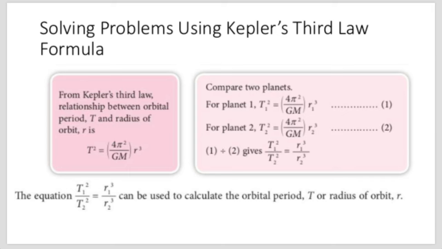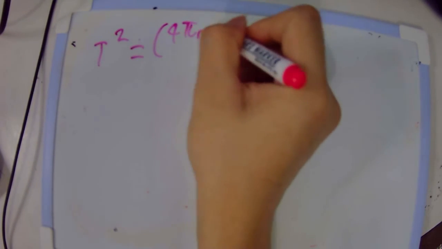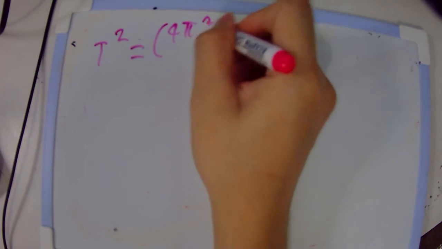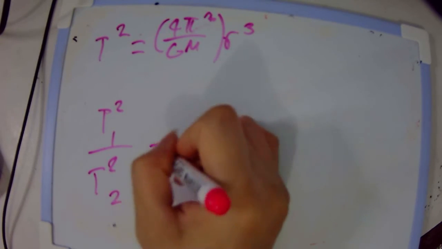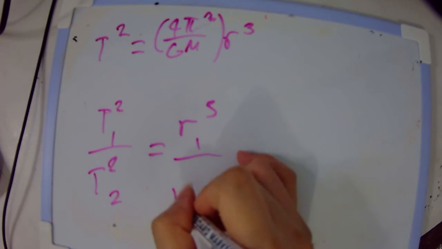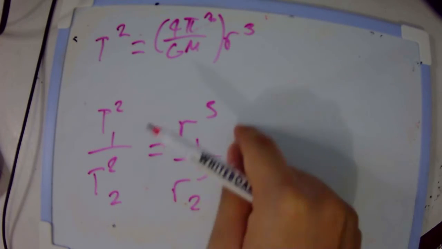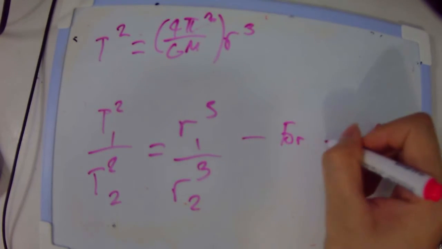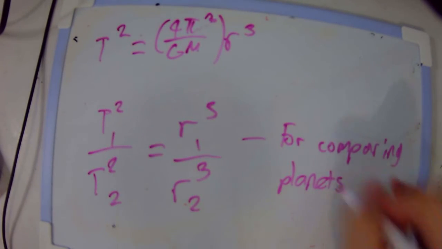So the two formulas that you need to remember is this one that we just talked about, T square equals 4 pi square over GM R cube. You need to remember this formula. And you also need to remember this one, T1 square over T2 square equals R1 cube over R2 cube. This is what we use when comparing two planets.